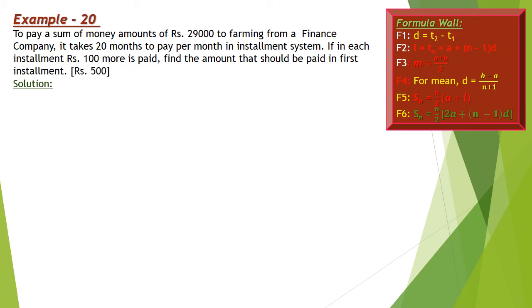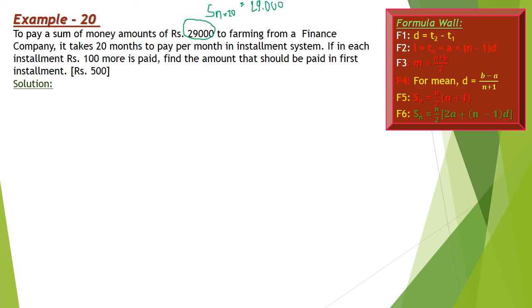To pay a sum of money amounting to rupees 29,000 to a finance company, that is a loan, it takes 20 months, means n equal to 20, and Sn equal to 29,000. It is an interest free loan, I think.